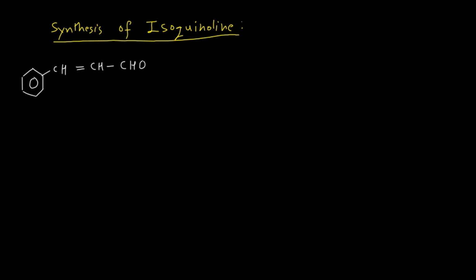So I can react this with hydroxylamine, which is NH2OH, and a normal condensation reaction will occur. That means minus H2O, right? So how can I eliminate? This is my oxygen, and these are the two hydrogens, again a condensation kind of reaction, okay.